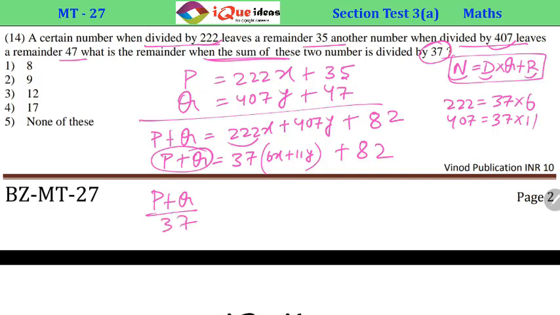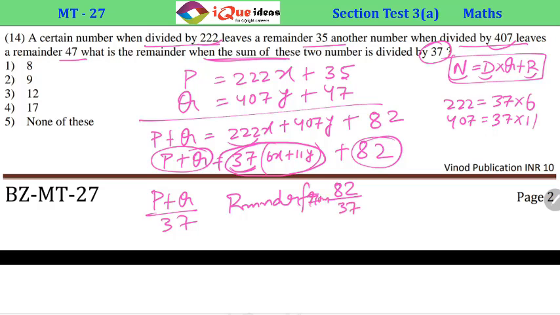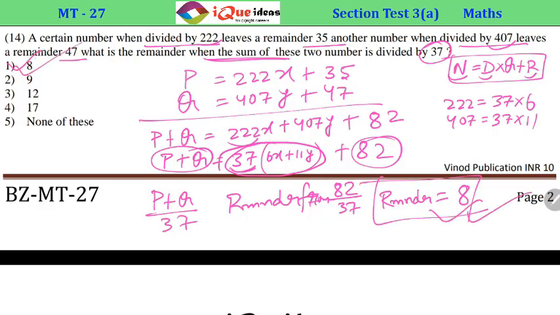This thing will be completely divisible by 37, because of this 37, no remainder from here. So the remainder will come only from 82. 37 twos are 74, so the remainder will be 82 minus 74, which is 8. So the required remainder in this question is 8, and that is the first option.